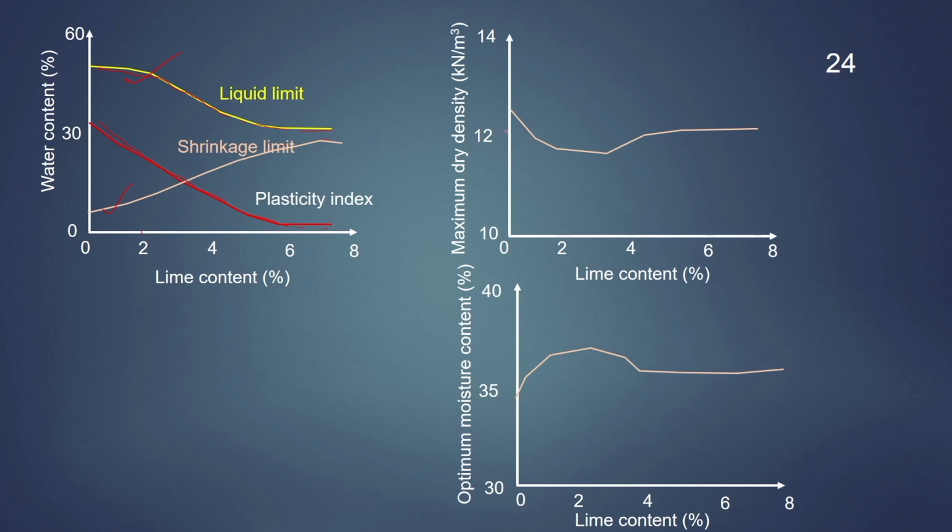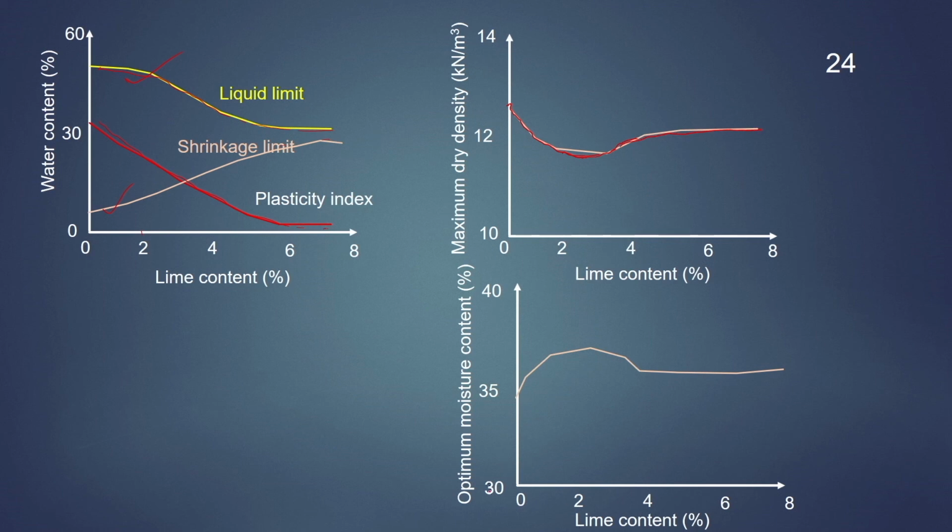And if we look into the relationship between the maximum dry density and lime content, we can see that with the addition of lime, the maximum dry density will decrease initially, and then it will reach a certain value, and there will be a little increase in the maximum dry density, and then it will remain constant.